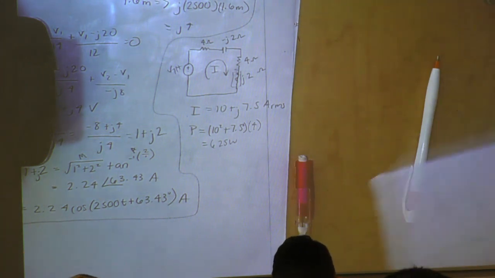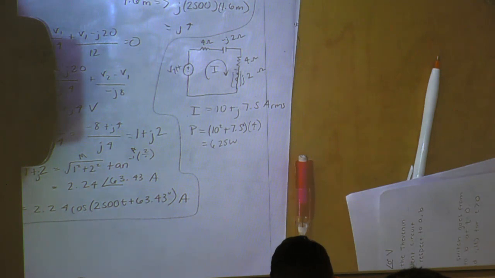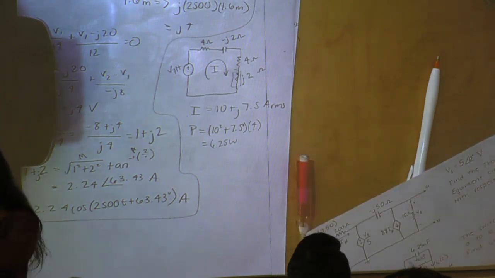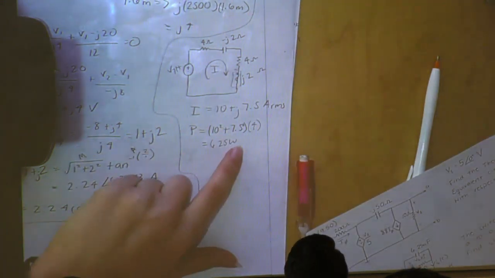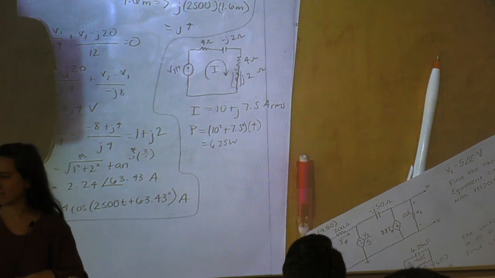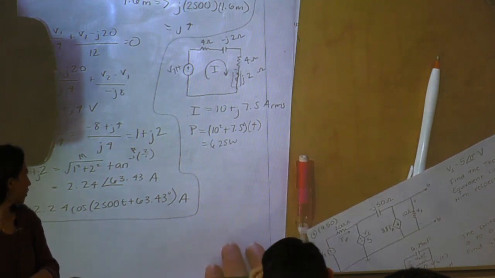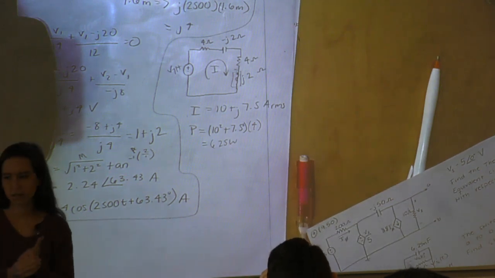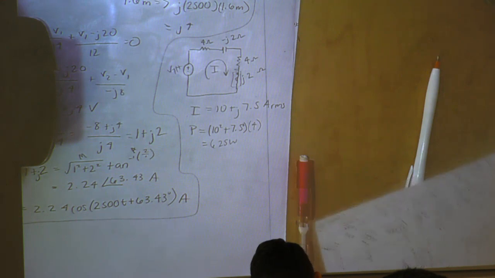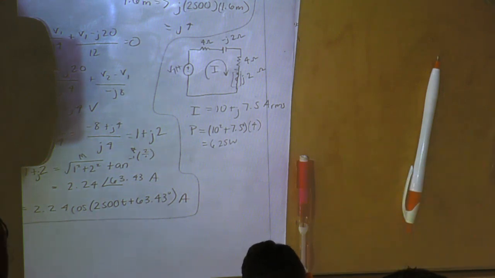Only our resistor will have average power. Our inductors' average power is 0 always, so that's why we're only using the real part, which is our resistor. Is everyone okay with that? It's just a known thing that our capacitors and inductors have 0 average power. Yes? Okay.